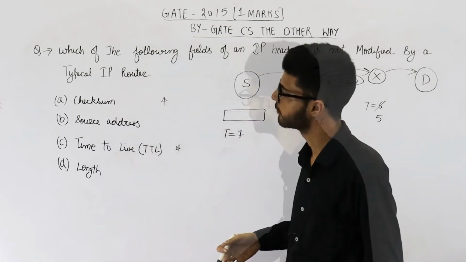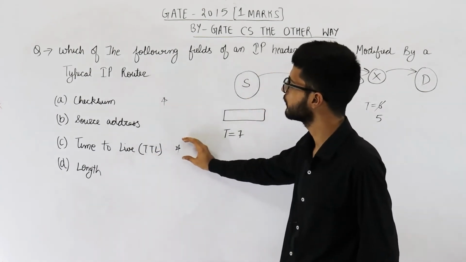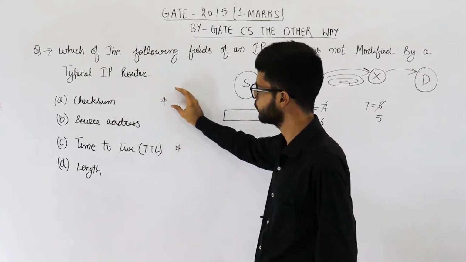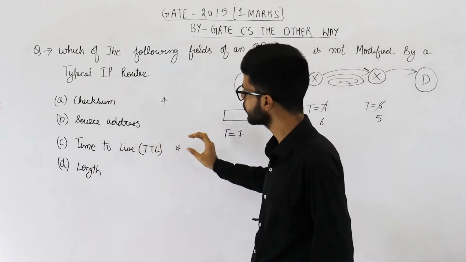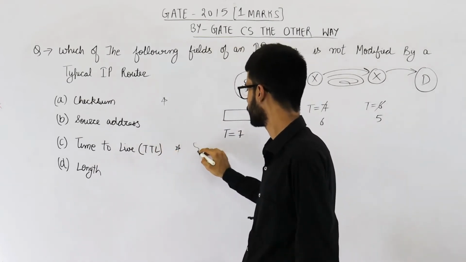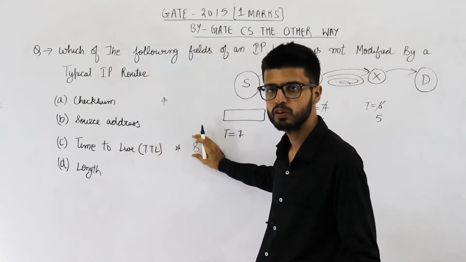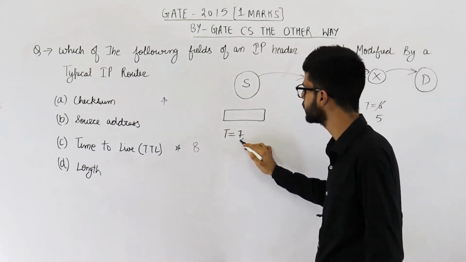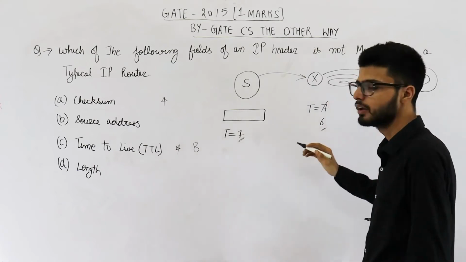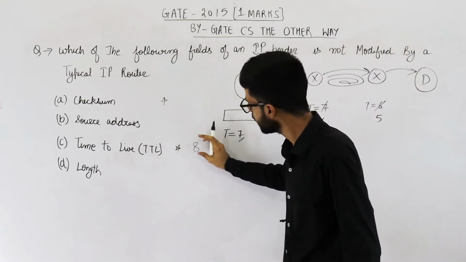Will length change? See, if I update this field TTL, checksum will change, but it will not have any effect on length. This field is of 8 bits. Whatever is the value stored, it will be in 8 bits only. That means if I change the value of TTL from 7 to 6, the length of this field will be 8 bits only.